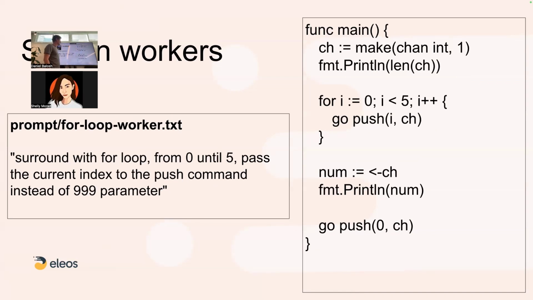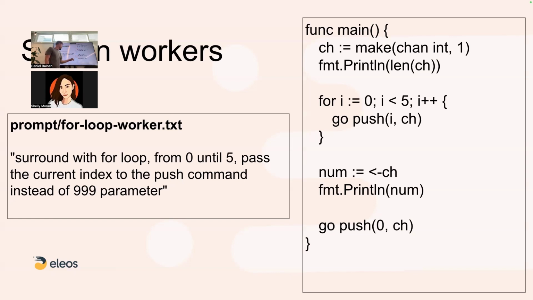Okay. So what do we see here? We see that we have a for loop, an old school for loop, right? And we take the index and put it into the push. Now, they are all going to run in concurrency, and it's going to be blocked. The first one that writes to the channel, the main thread is going to get freed and continue running.